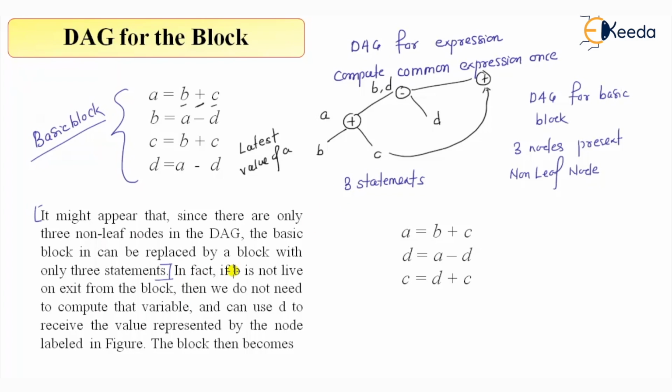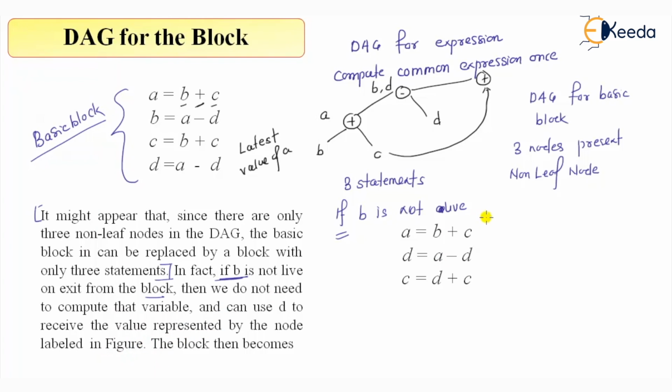Then it says that in fact, if B is not alive on the exit from the block, we have to check the liveness analysis. If it is not live on the exit of the block, we don't need to compute that variable, and can use D to receive the value presented by the node labeled in the figure.